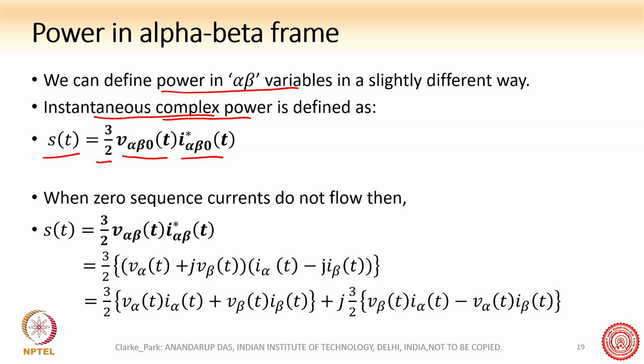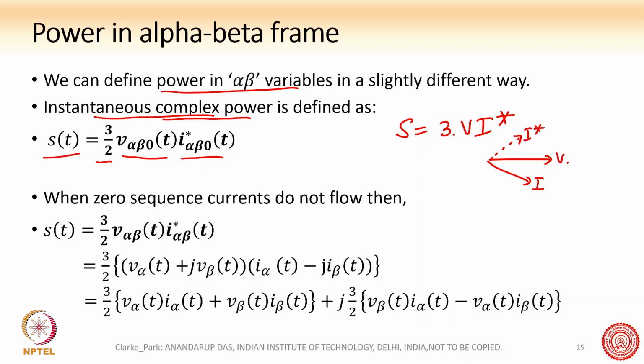So you have to recall that in our first course on power systems, we say that S equal to 3 times VI star. Okay, and this is again based on the fact that if this is the voltage and this is the current, I star becomes like this.